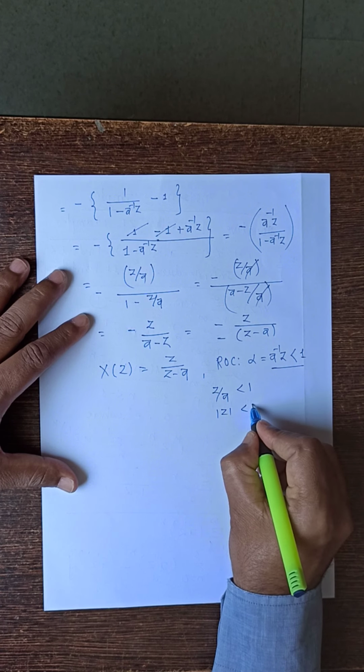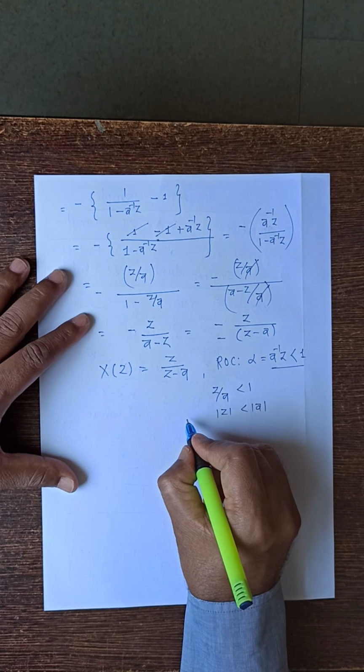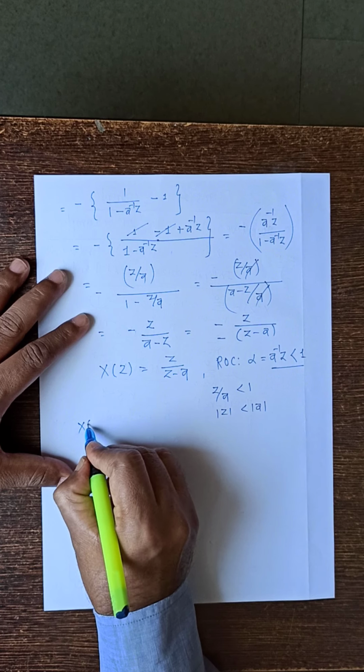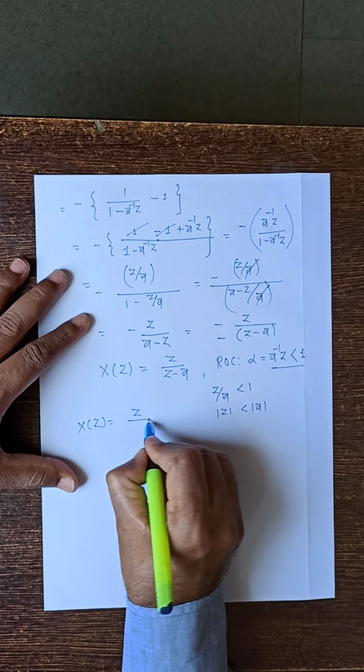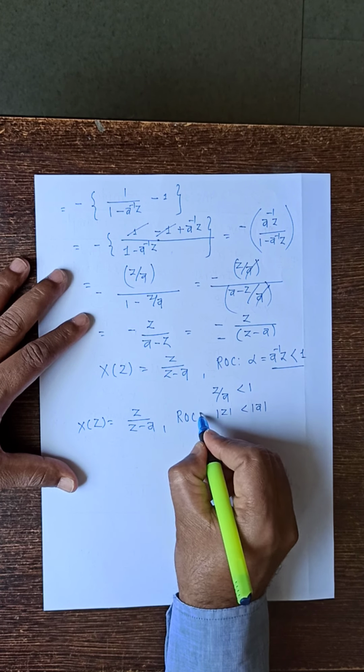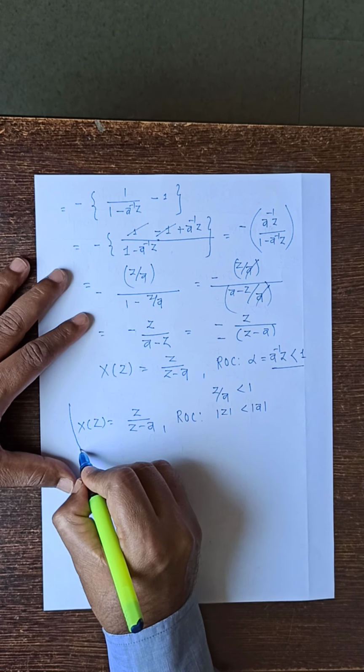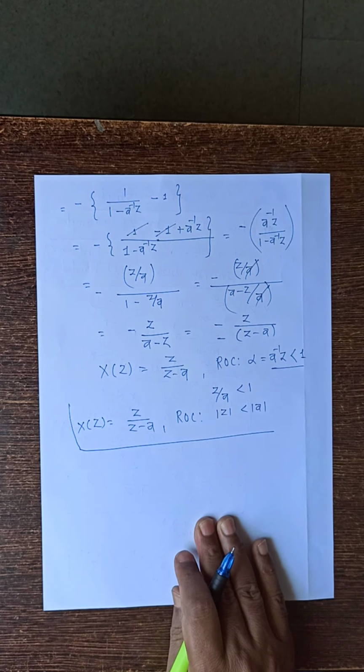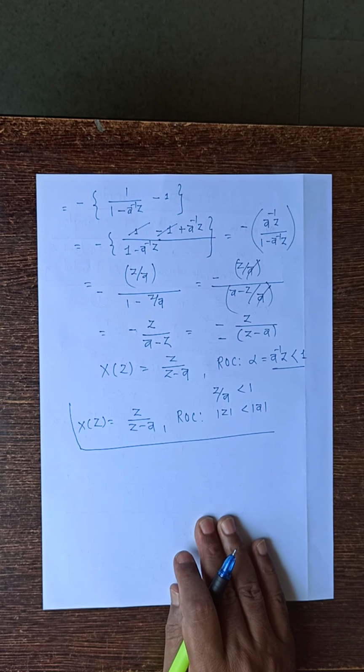Magnitude of z should be less than magnitude of a. So X(z) is equal to z divided by z minus a, and ROC is magnitude of z is less than magnitude of a.